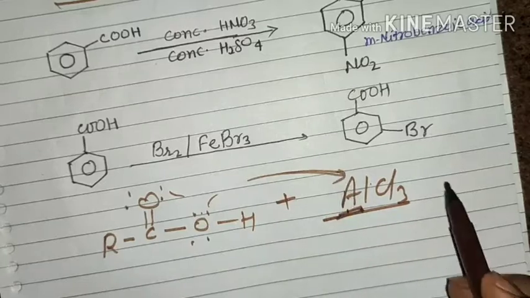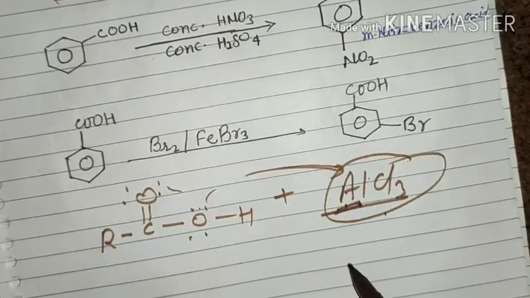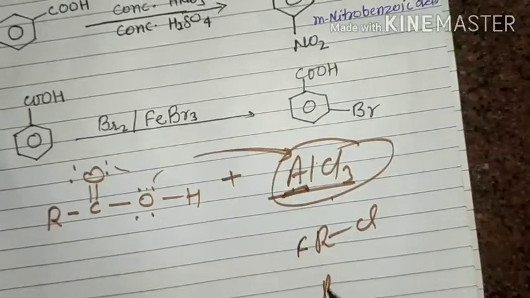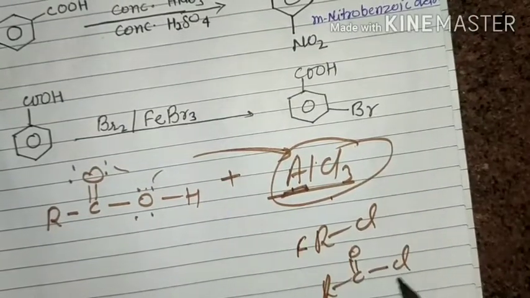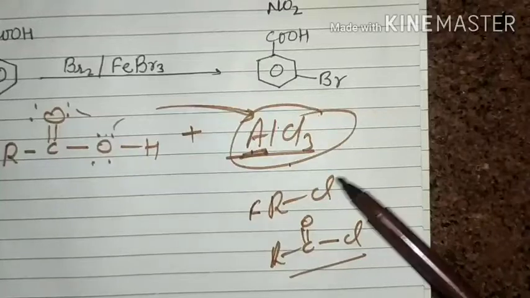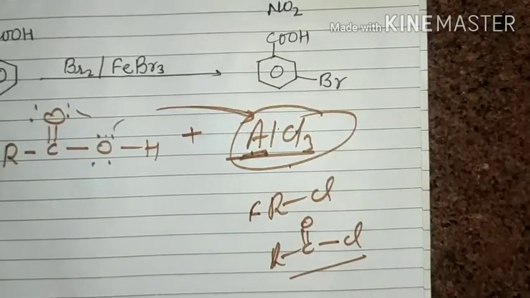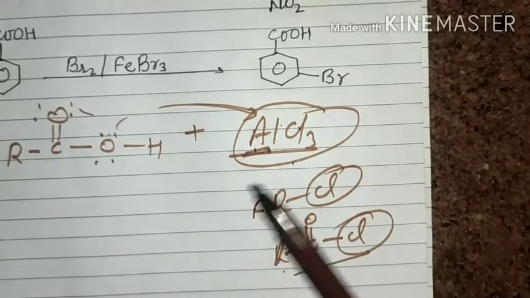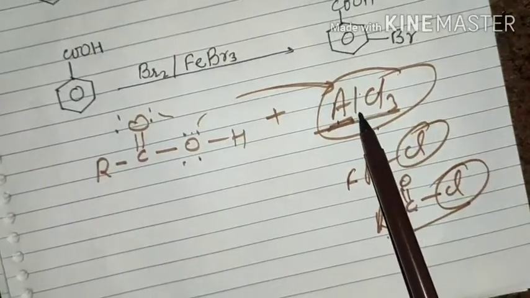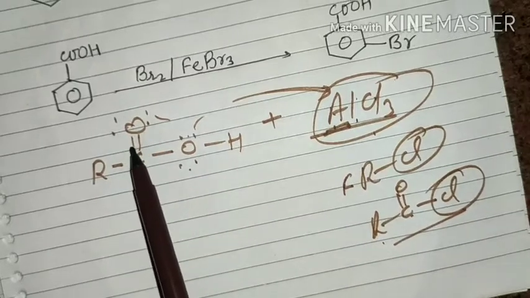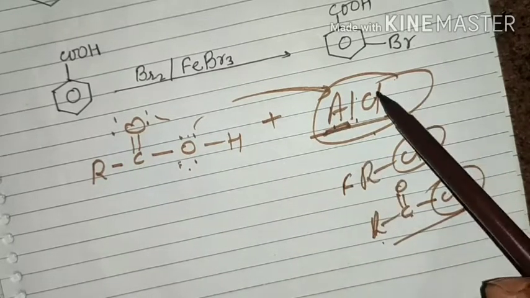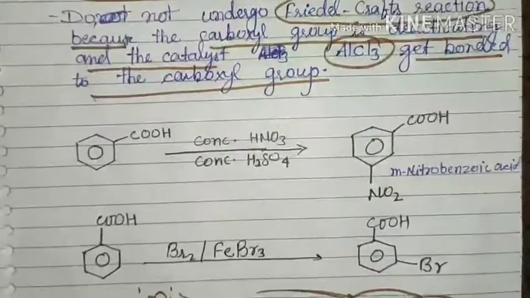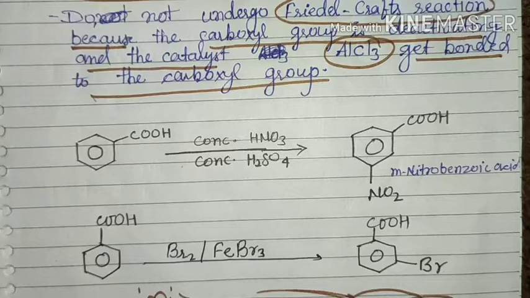So AlCl3 does not behave as a catalyst to break the R-Cl bond for alkylation or the RC=O-Cl bond for acylation, because in alkylation AlCl3 removes this chlorine and in acylation this chlorine. But in this reaction the AlCl3 catalyst is engaged by the lone pair of oxygen, so it cannot give an electrophile and the Friedel-Crafts alkylation or acylation reaction does not occur in benzoic acid.